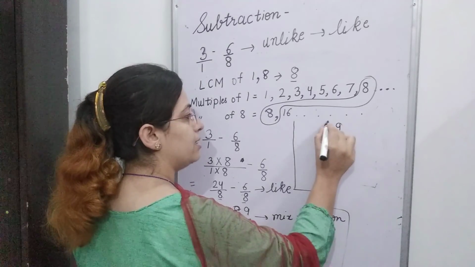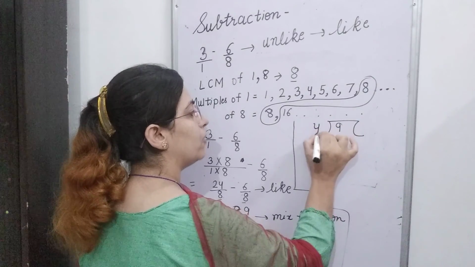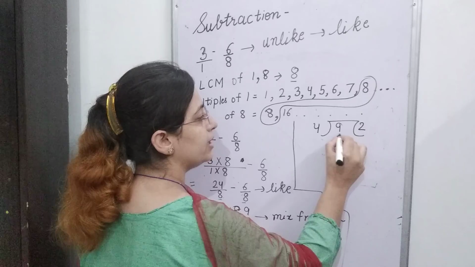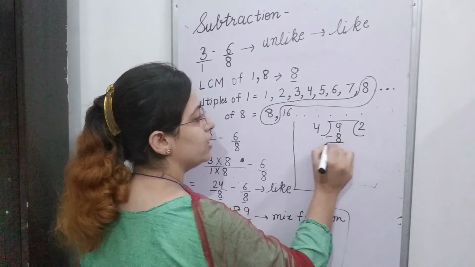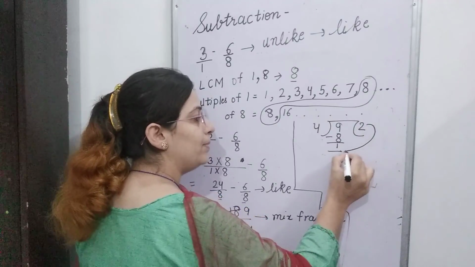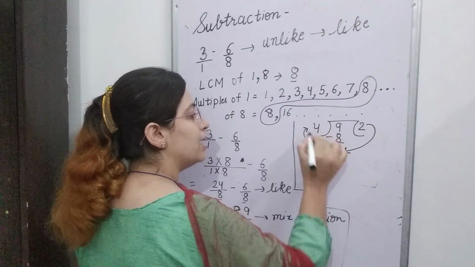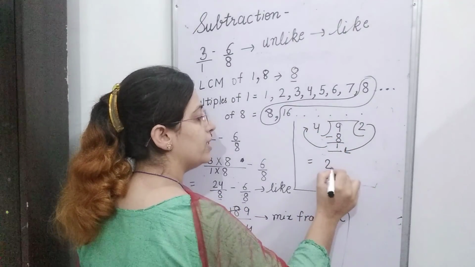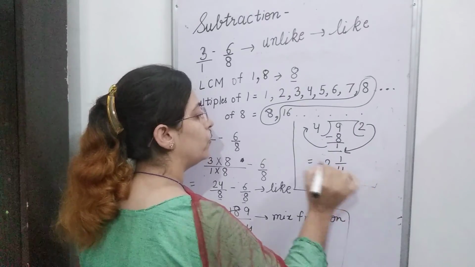Keep this 9 inside, 4 outside. Now 4 times 2 is 8. 9 minus 8 is 1. How will we write the mixed fraction? We start from here. So the answer is 2 and 1 by 4.